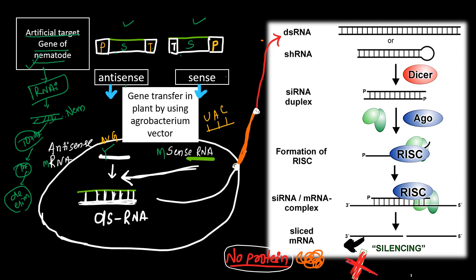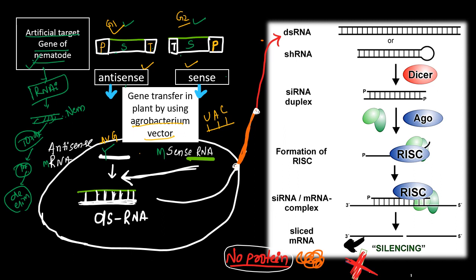When these two are inserted into the Agrobacterium vector, or inside the Agrobacterium, what happens? Gene 1 is antisense, gene 2 is sense. Gene 1 produces antisense mRNA, gene 2 produces sense mRNA.